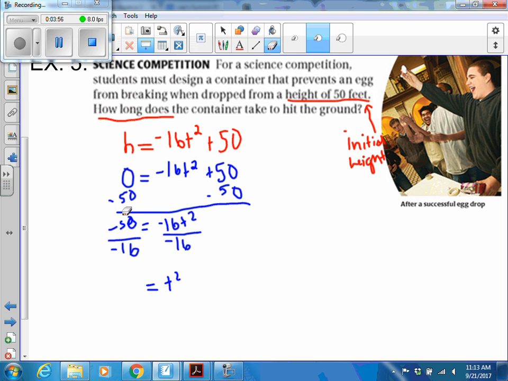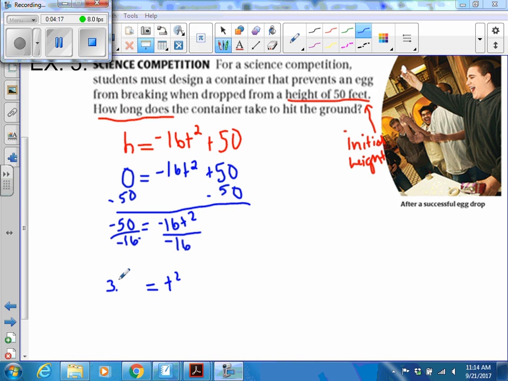Let me redraw that so you guys can see that a little better. Okay, so we said we have negative 50 over negative 16. So when you divide, you should get about 3.125.